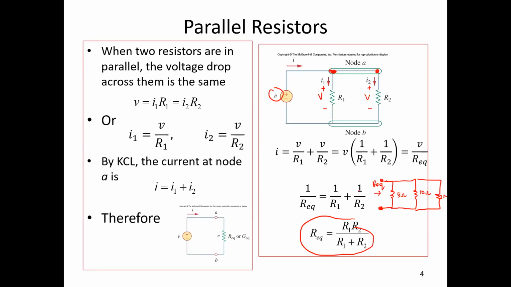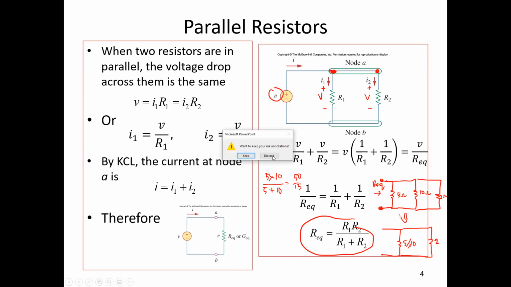What we need to do is simplify the circuit first. We need to parallel the 5 and 10 first, and after we have finished paralleling the 5 and 10, then we can parallel it with 2 ohm. So 5 parallel with 10 is 5 multiplied with 10 over 5 plus 10, which becomes 50 over 15.